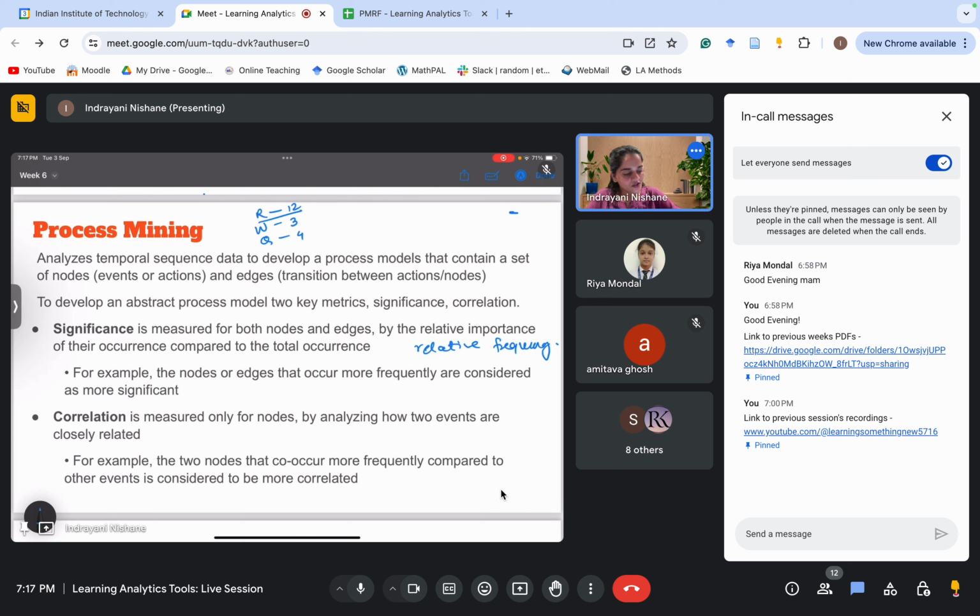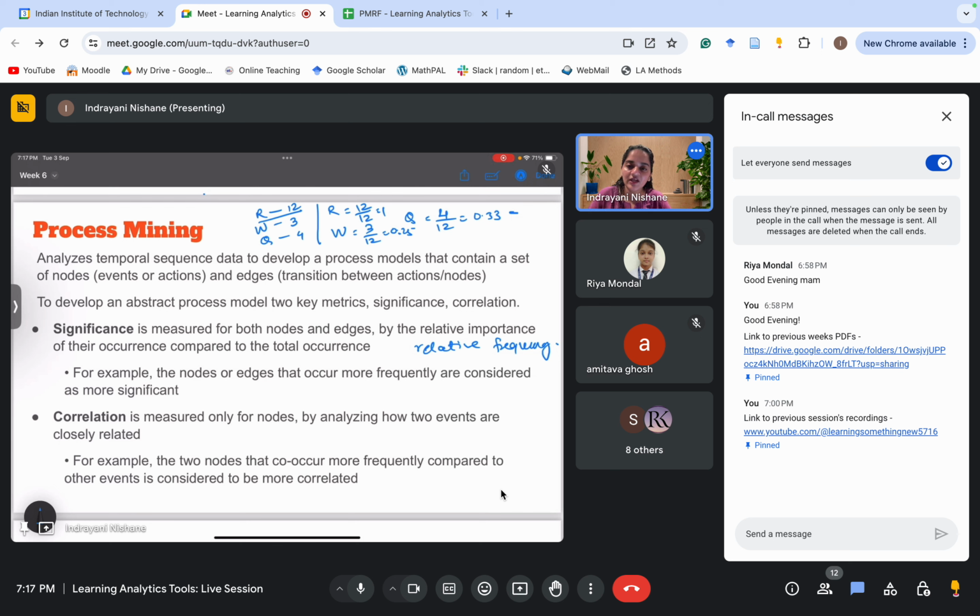Read. So how will we calculate the significance? For read it will be 12 divided by 12, for write it will be 3 divided by 12, and for quiz it will be 4 divided by 12. So this becomes 1, this becomes 1 by 4, and this becomes 1 by 3. Yeah, so this is how we calculate relative frequency.